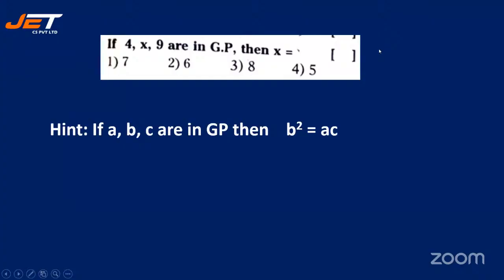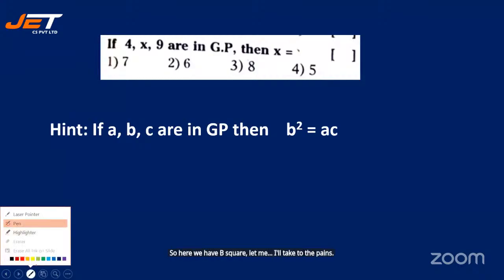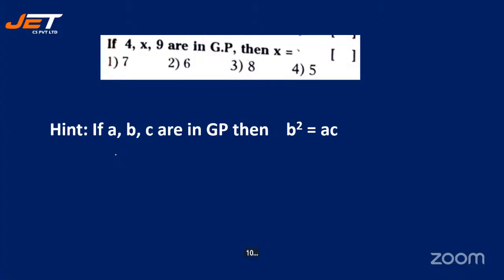All right. So here we have b square. So here what is b? This is 4, x, 9. So x square is equal to 4 into 9. So x square is equal to 9 fours are 36.